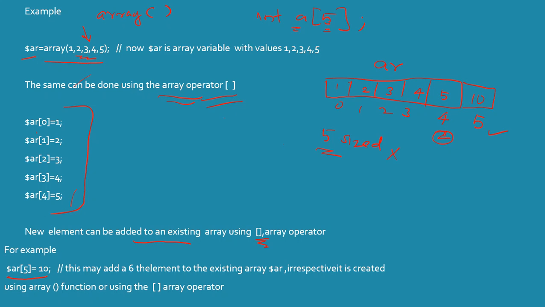Now this array AR is no more a 5-sized array. Instead, it is going to be a 6-sized array. The number of elements in this array from now on is 6, because we have added a new element into the existing array AR, which is filled with 5 elements. So this is the way by which we can create an array. That can be done either using an array function or using an array operator.